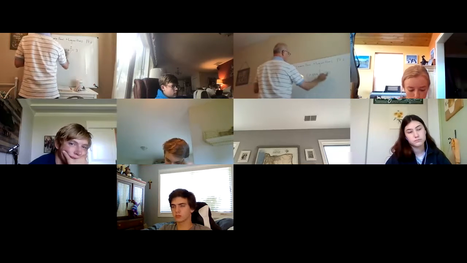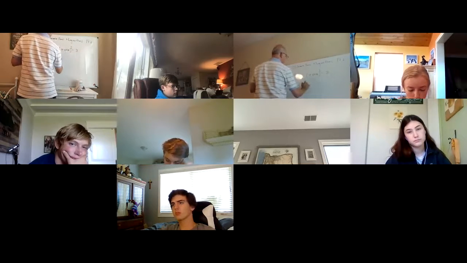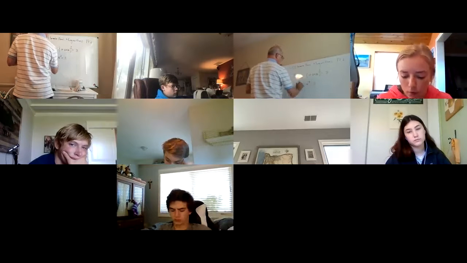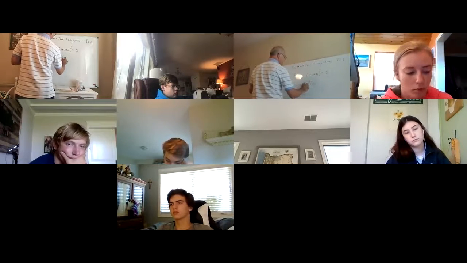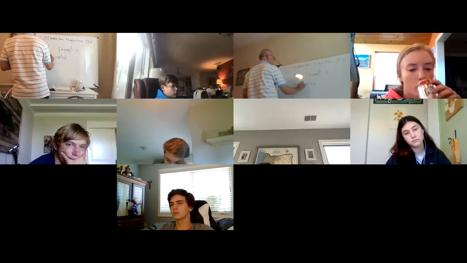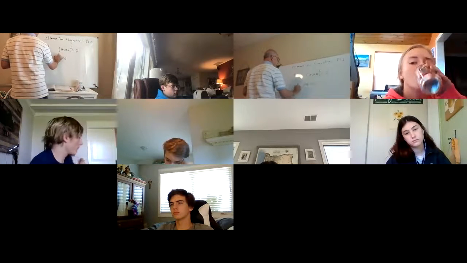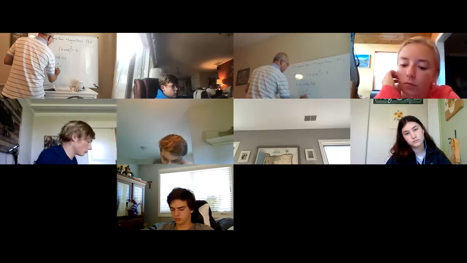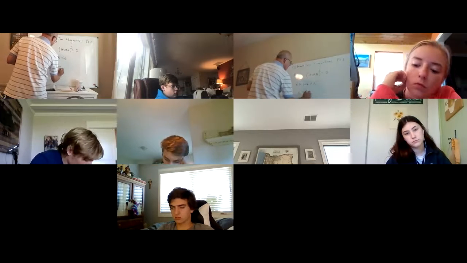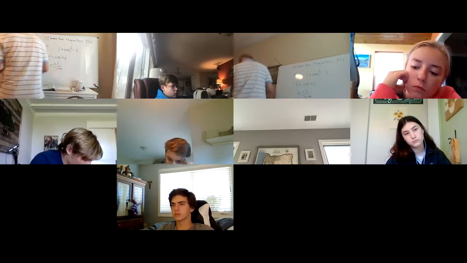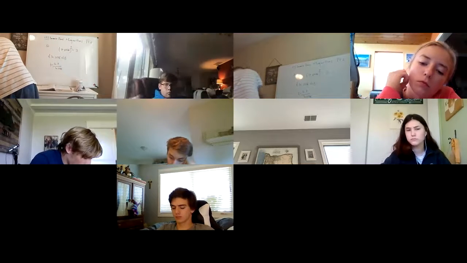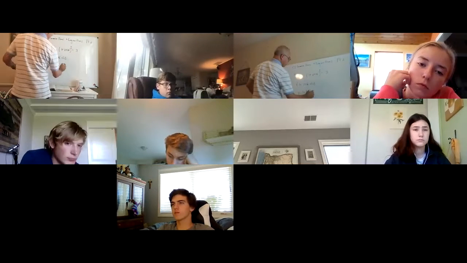So divided by 1, I get that. 1.036 to the t is equal to 3. Natural log, the t comes forward. T is equal to natural log of 3 over natural log of 1.036. I believe the answer was 31 years, I think. 31 years.